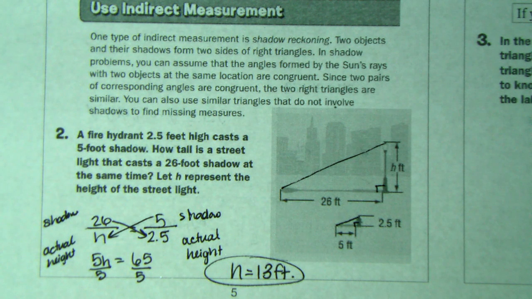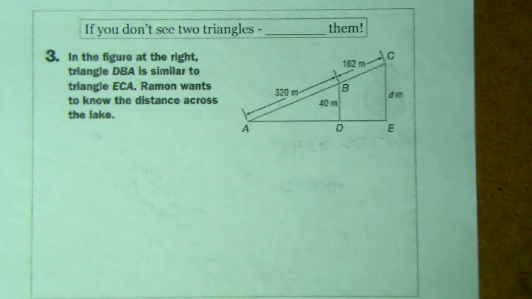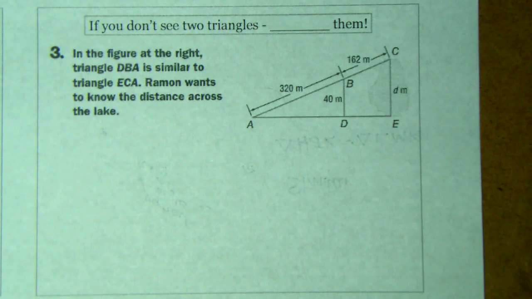Okay, if you slide over to the next one, example number 3. In this one, they love to give you these questions. And in there, you may not see that there are 2 triangles. So if you don't see 2 triangles, draw 2 triangles. All right?